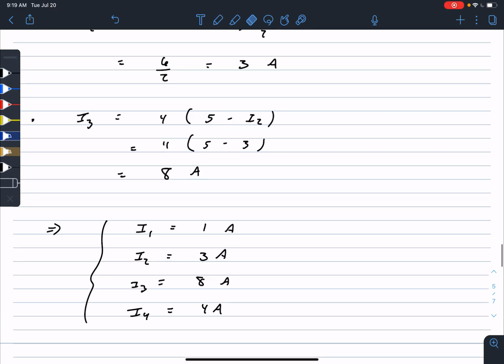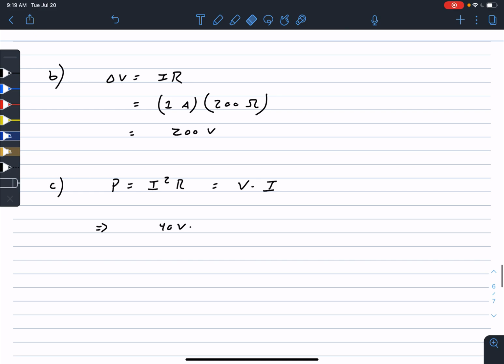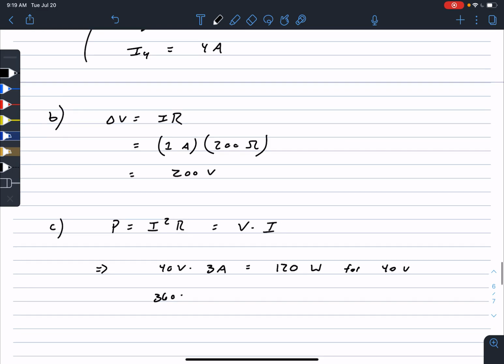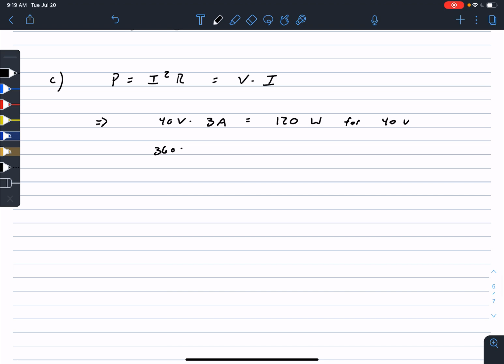So then current 2 was 3 amps. So that's equal to 120 watts for the 40 volt battery. For the 360, we had current 3, which was 8 amps. 360 volts times 8 amps is what I'm trying to say here.